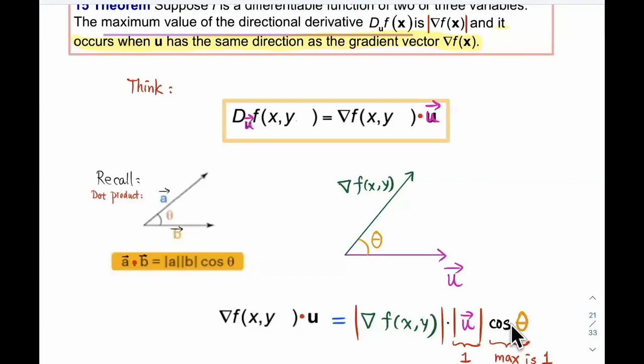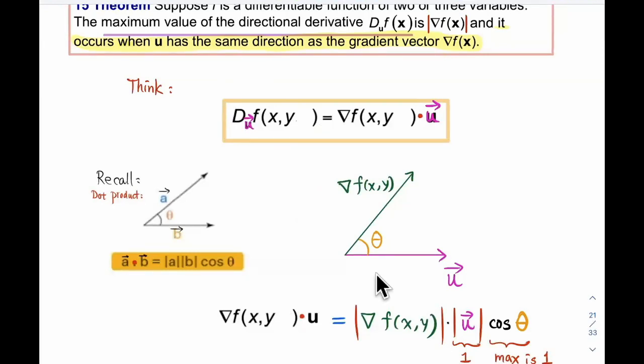So when theta equals 0, cosine theta equals 1, then this dot product here will be maximized. Which means that when theta equals 0, this direction vector and the gradient vector will be in the same direction. So when they're in the same direction, the directional derivative will be maximized. Does it make sense? Okay.